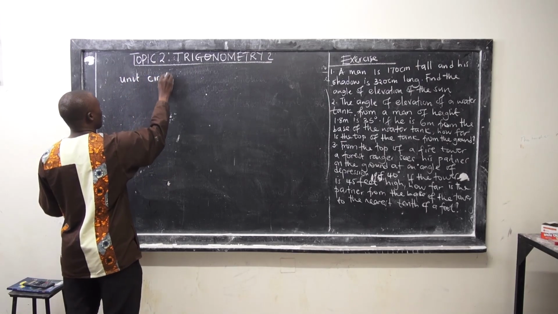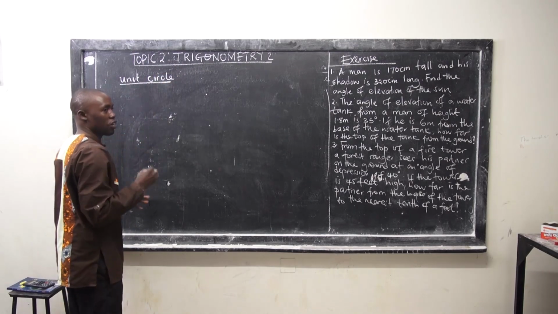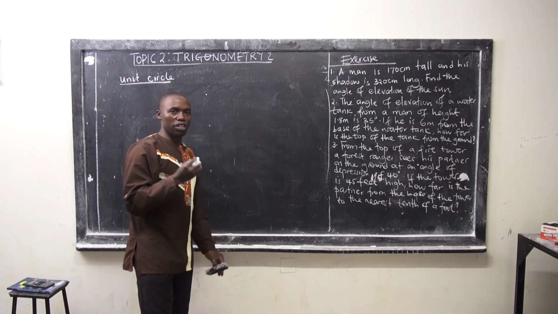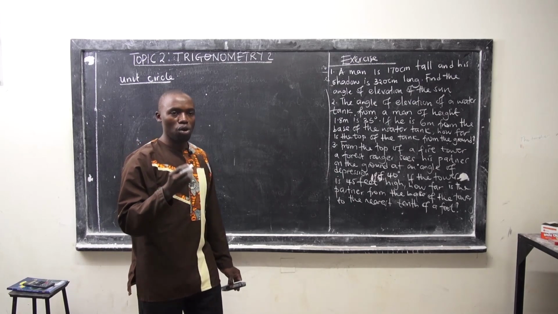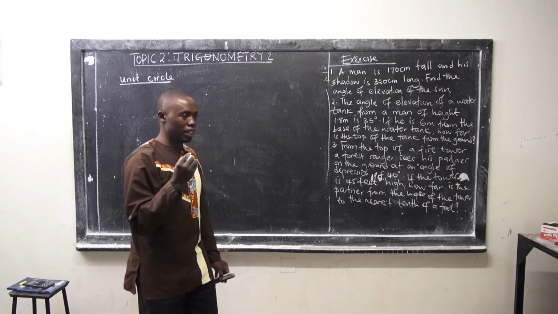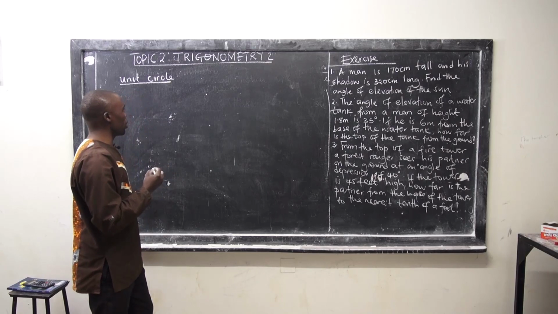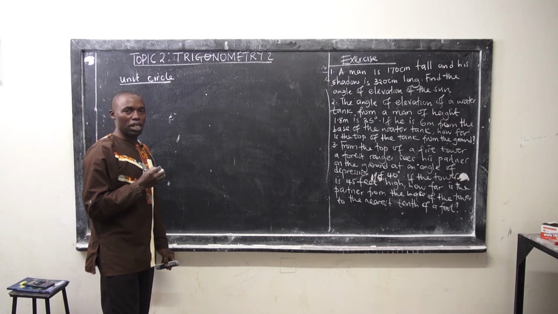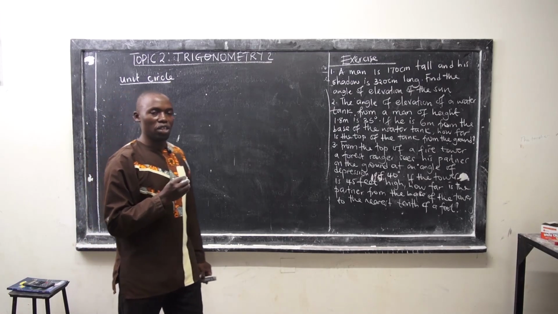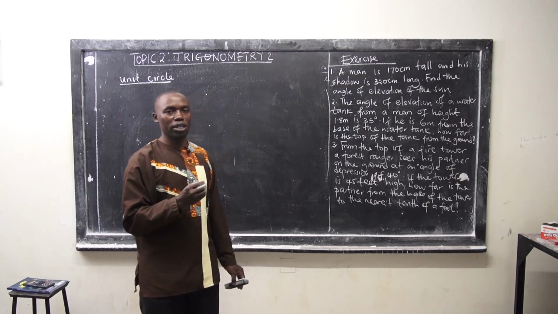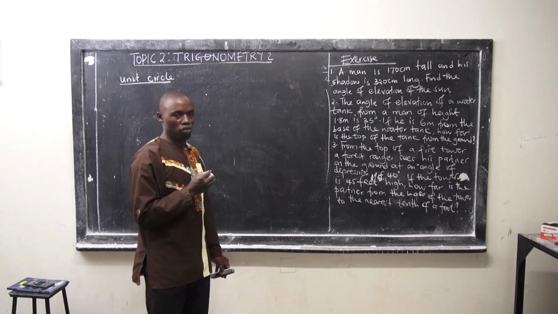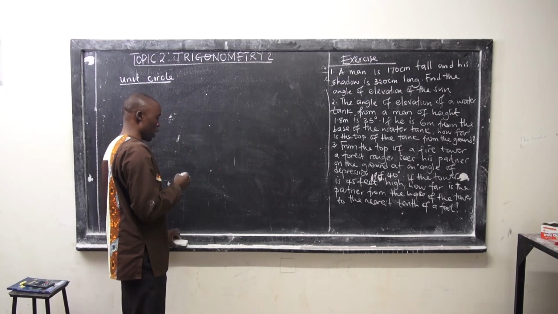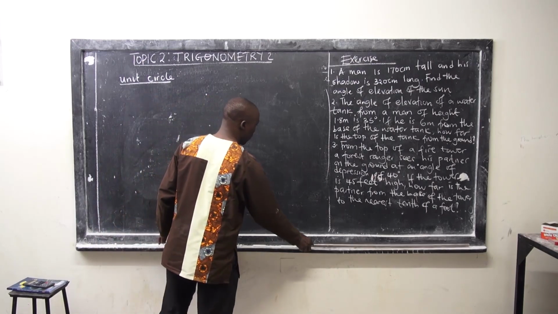Unit circle. Now, the word unit means one, so a unit circle is a circle whose radius is equal to 1 unit. 1 unit does not mean 1 centimeter, because even 5 centimeters can refer to 1 unit, 10 centimeters can refer to 1 unit. So in brief, we are going to draw our circle of about 5 centimeters.